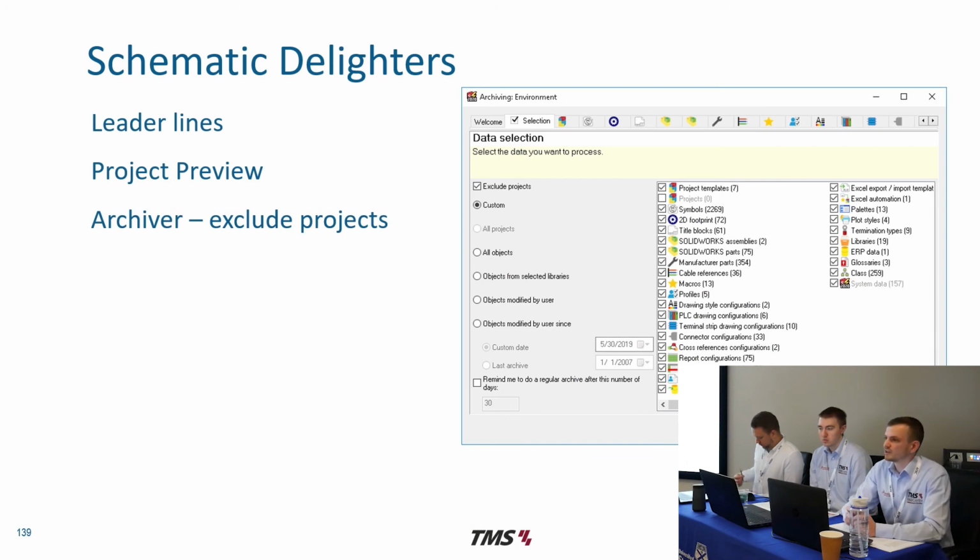However, we don't really want to create any duplicated information with our projects in there because you store those in there separately. So what we can now do is go ahead and exclude those projects from our environment archive, and then we're not having any of this duplicated data, and no one's using an older version of a project, that sort of idea.